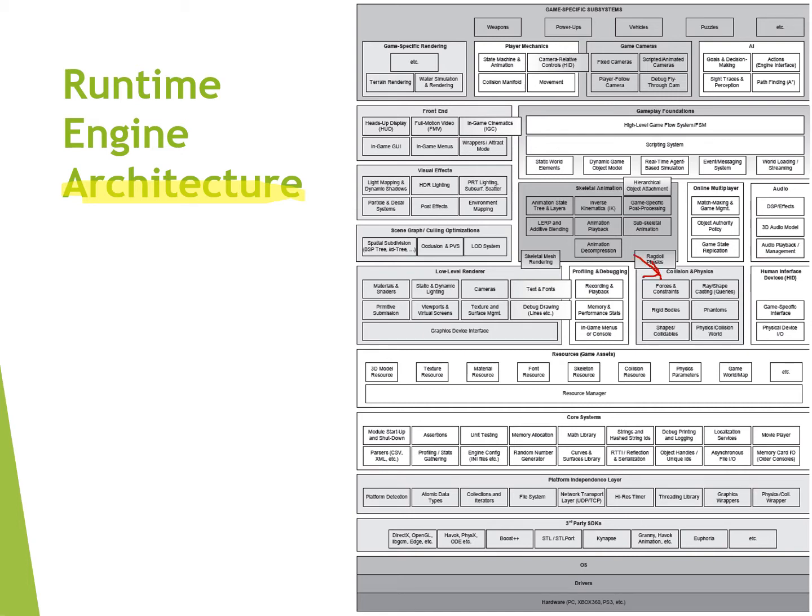Collision and physics: for every 3D game, most likely you have physics. As I mentioned, you have gravity, and then you have collision detection to detect where a 3D object touches another 3D object. Then you need some event, for example decreasing the HP, or changing the visual effect.